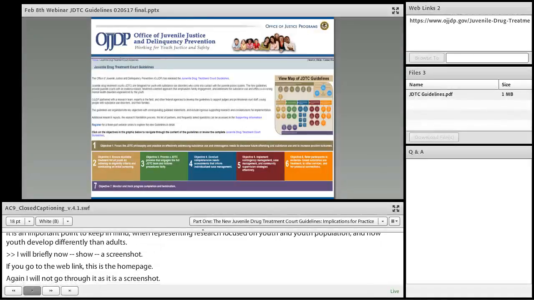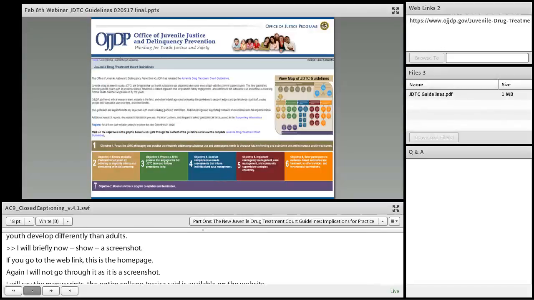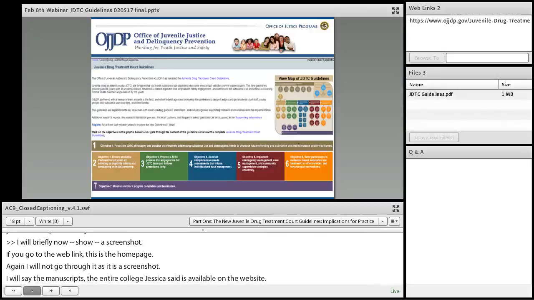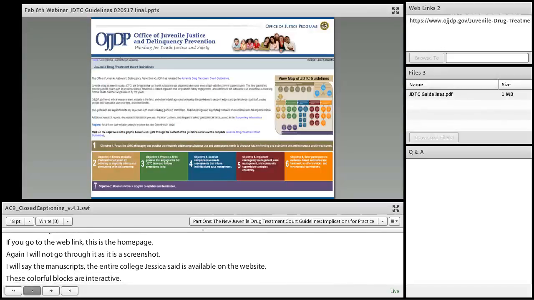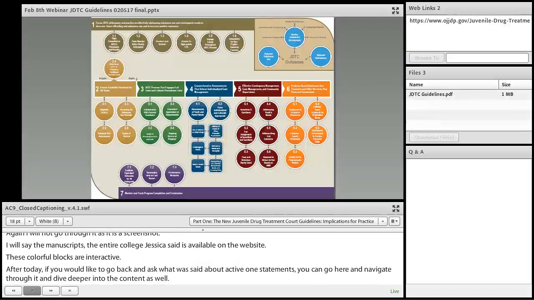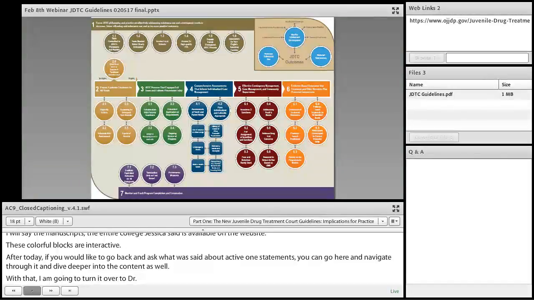After today, if you want to go back and see what Roger said about Objective 1, Statement 1.1, you can navigate through it and dive deeper into the content as well. With that, I am going to turn it over to Roger to kick us off on the guidelines and dive in a little bit deeper.